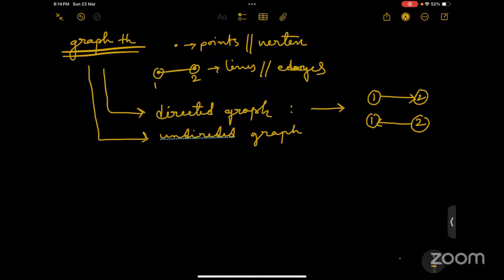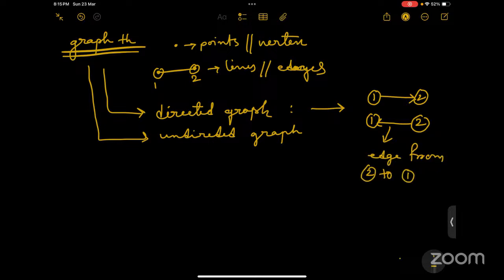Here we are mentioning the direction. That is why we call these edges directed edges. And if I draw a proper graph using directed edges, then we will call the graph a directed graph, right? So this is an edge from 2 to 1.